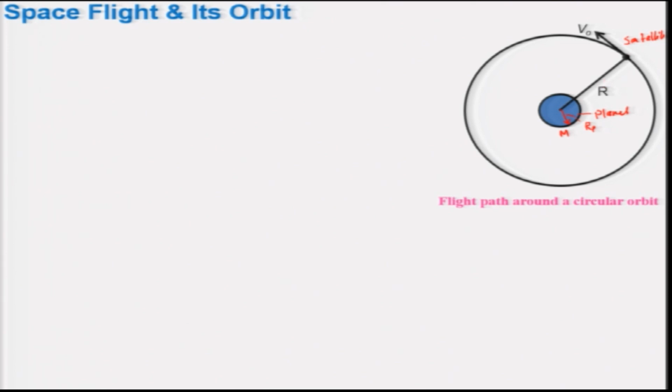If you look at r minus Rp, this will be h, the altitude. So h will be r minus Rp, where Rp is the radius of the planet, and r is the distance between the center of the planet and the satellite.